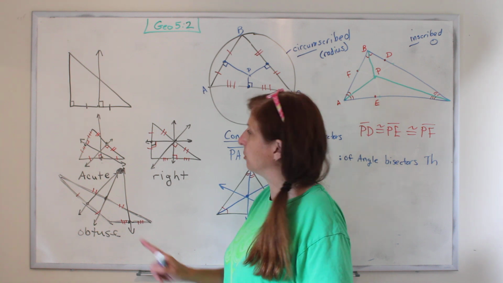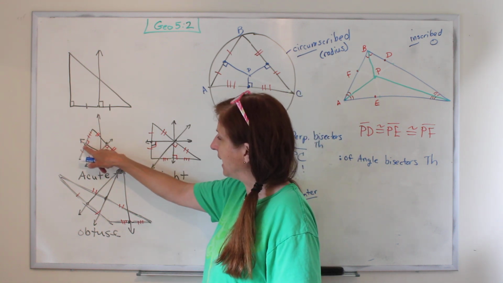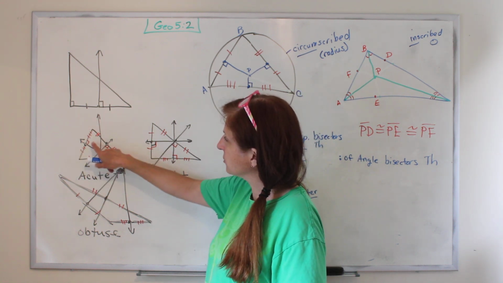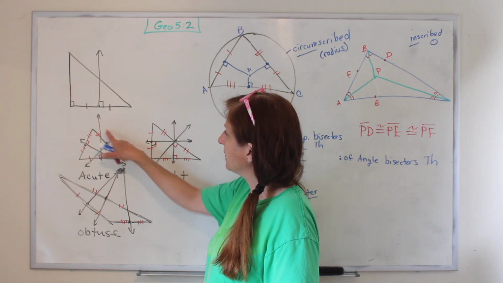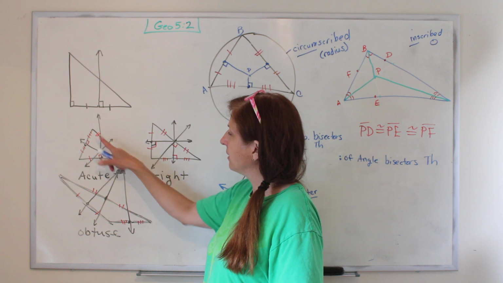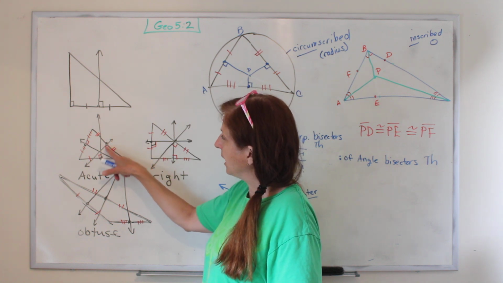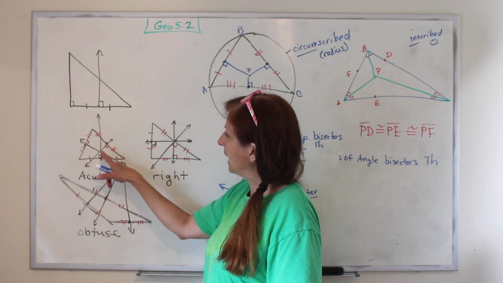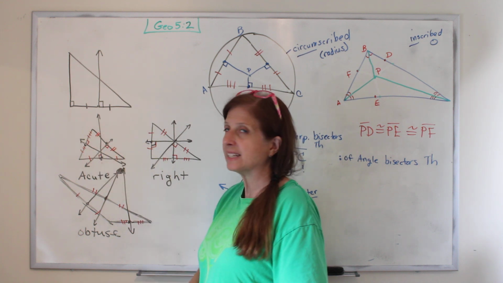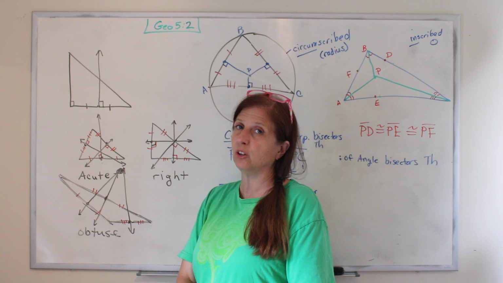It's a perpendicular bisector. I cut this side in half. Those two sides are the same. I drew a line at a right angle. And I cut this side in half. Those two are the same. And I drew a line that is at a right angle. If you do that, they will all meet in the center of an acute triangle.